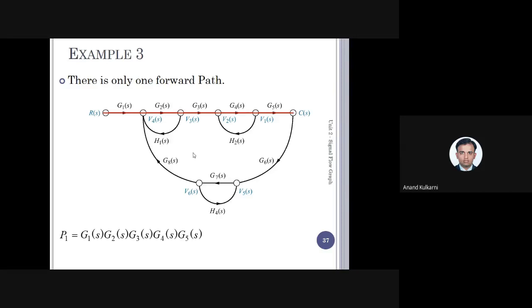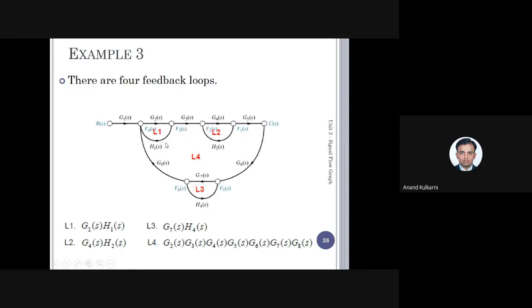Then how many loops are there? There are totally 4 loops. Which are those? One loop is G1H1. Then G4H2 is another loop, that is L2.